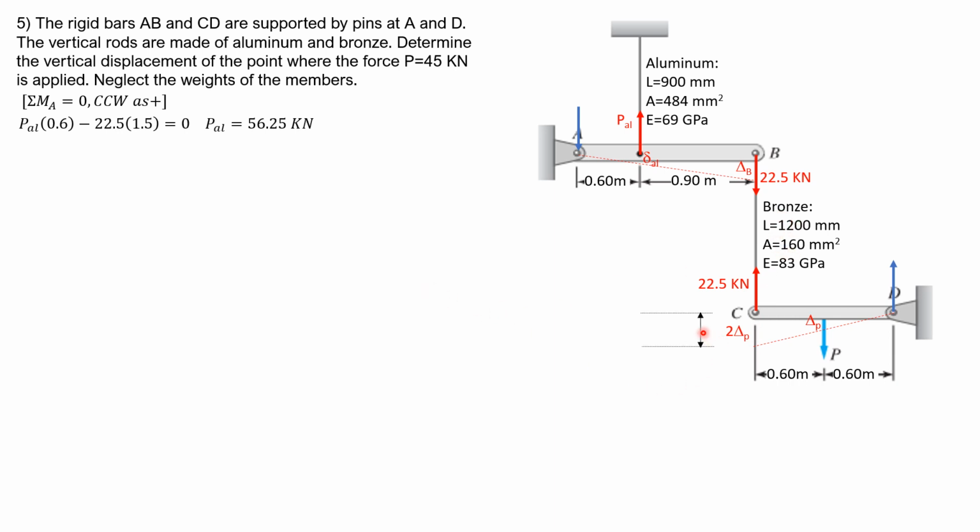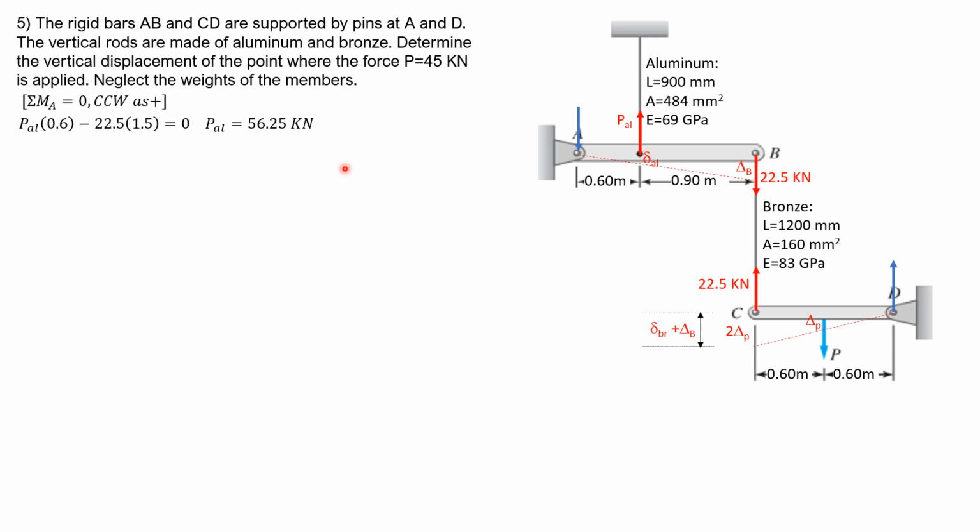So delta B plus deflection of the bronze bar should be equal to 2 times delta P. This is 2 times delta P because the position of the load is at the center. So by similar triangles, or obviously by experience, because it is at the center, this should be double of that deflection there.